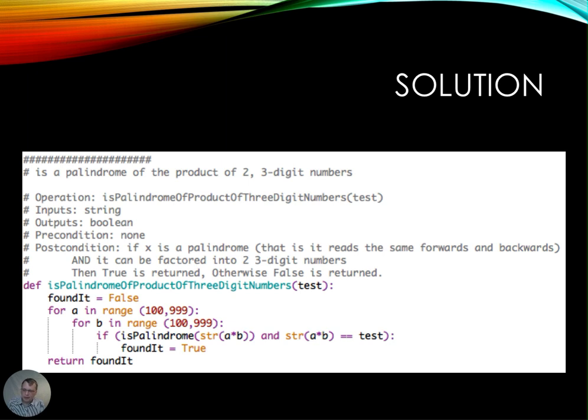And there may well be other solutions, but it's worth noting that trying to find the two numbers, the factors of a product, is quite a tricky thing to do. So generally speaking, it's going to be something you have to search for rather than relying on a straightforward mathematical operation.